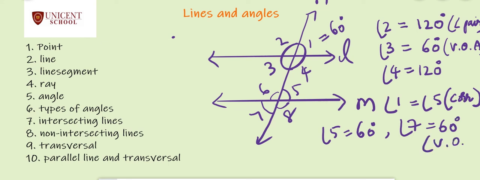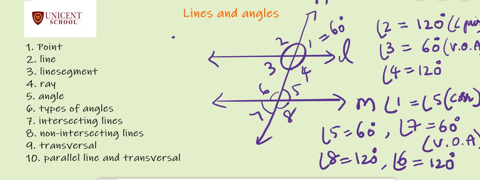And angle 8, again based on the linear pair, I can give it as 120. And again based on the linear pair, I can name angle 6 as 120, or by vertically opposite angle. So based on this, if one angle is given, I can find out all the rest of the angles.